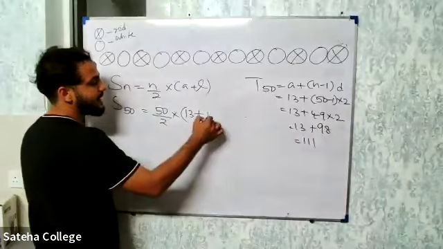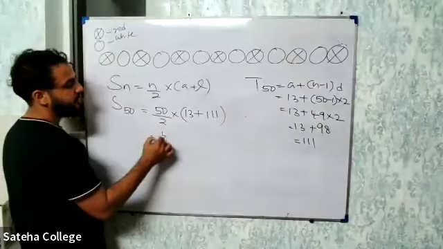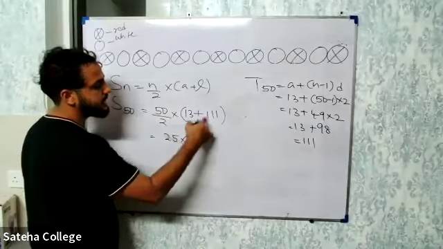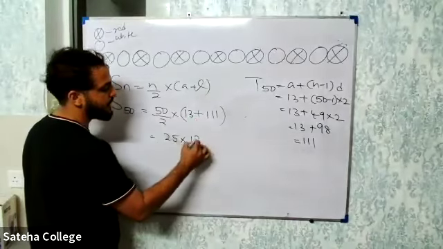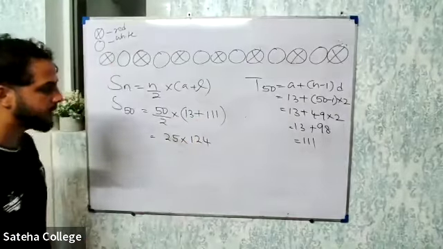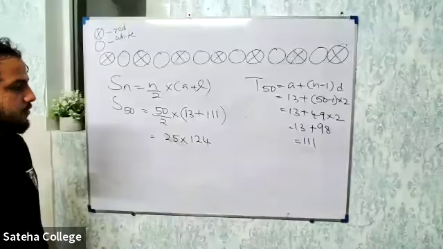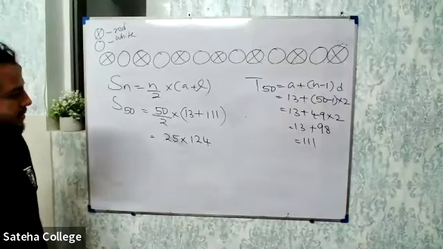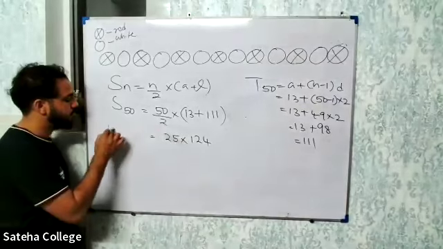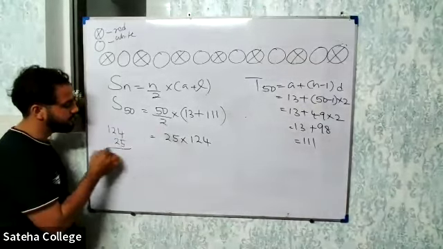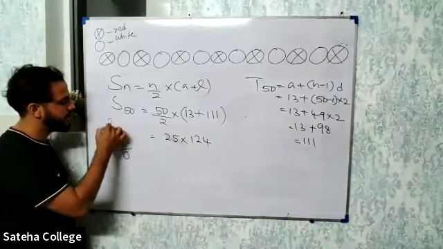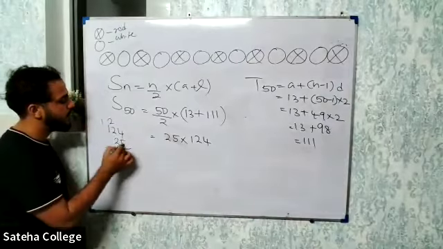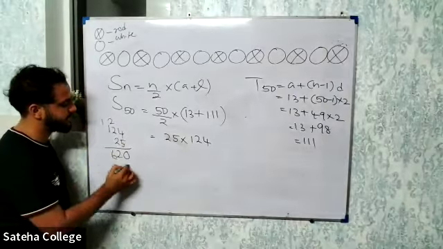So 50 divided by 2 is 25, 25 into (13 plus 111), that is 124, right? So 124 into 25. 4 into 5, 20. 2 into 5, 10, plus 2, 12. 1 into 5 is 5, plus 1, 6.